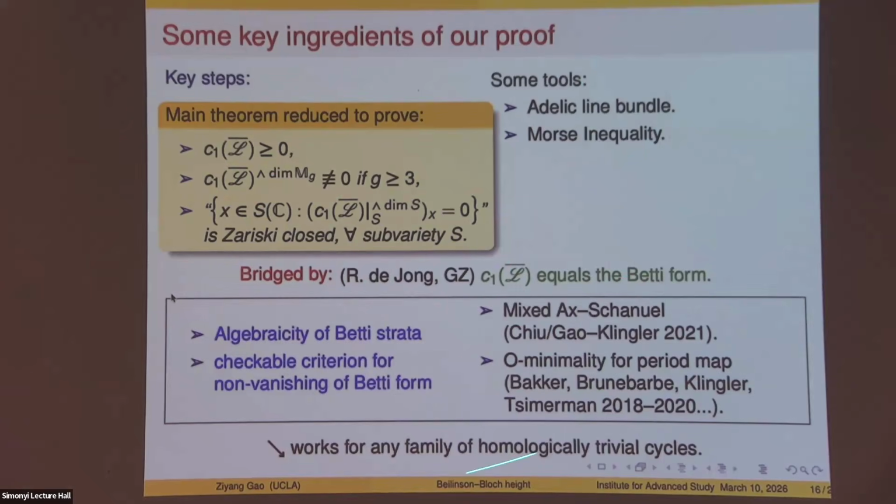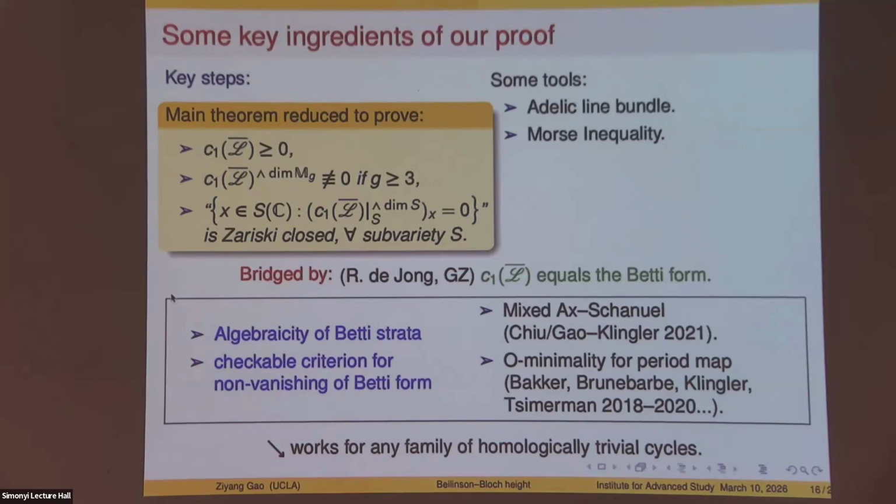And then we will study the geometric part, prove the algebraicity of the Betti strata, that's part 3, and the criterion for the non-vanishing of the Betti form. I should say that in the first steps, everything really is confined to Gross-Schoen and Ceresa cycles, almost everything. But here in this step, we can apply it to any reasonable family.